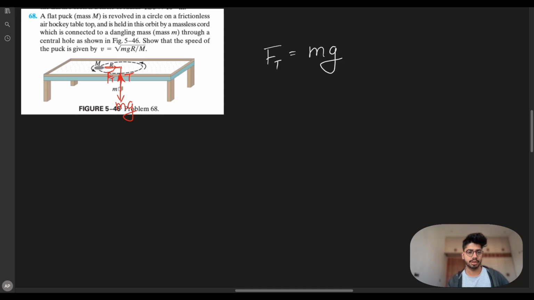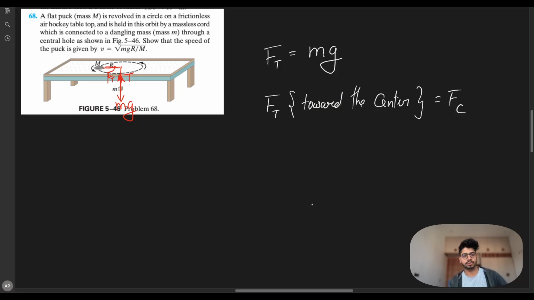They are mentioning the complete motion through the central hole. So this is the tension force, F_T, acting toward the center. The force that acts toward the center we call the centripetal force.